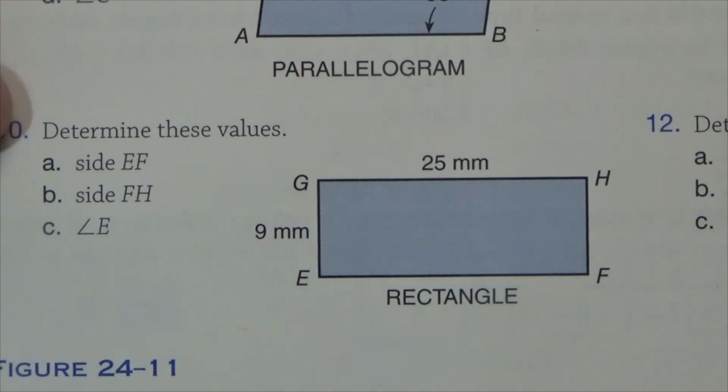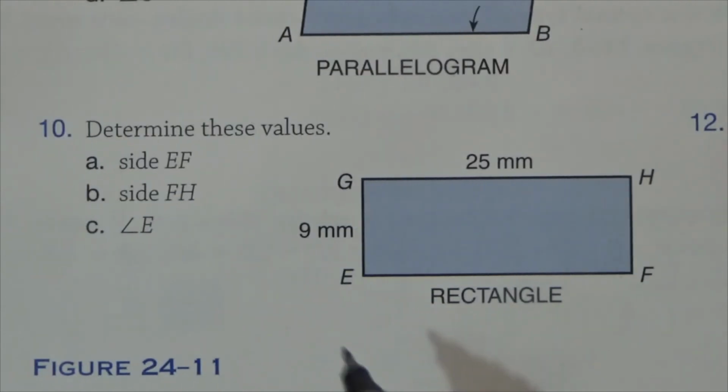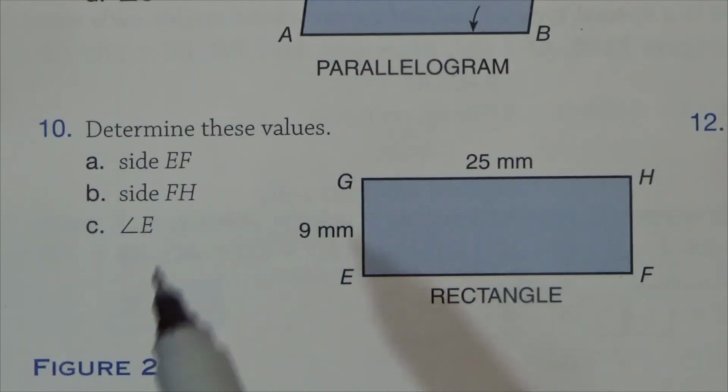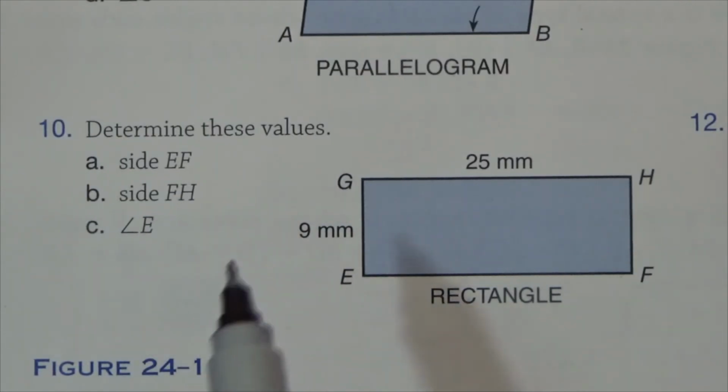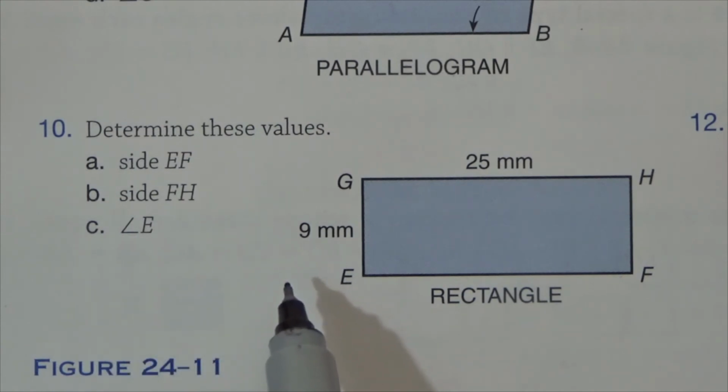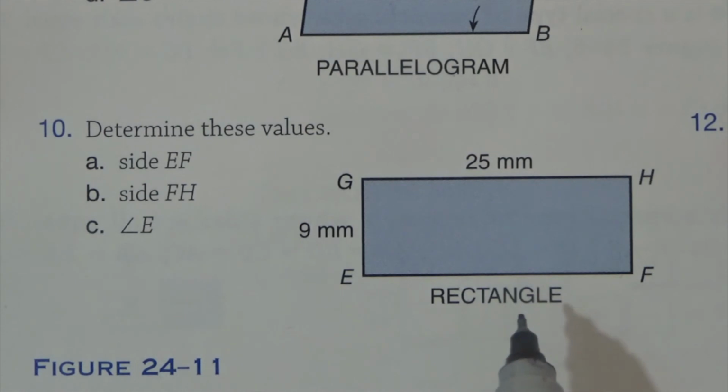Okay, moving on right to here. So right here it says determine side EF and side FH. And it tells us that this is a rectangle. So we know it's not showing us that these corners are all 90, but the definition of a rectangle is that they are all 90.